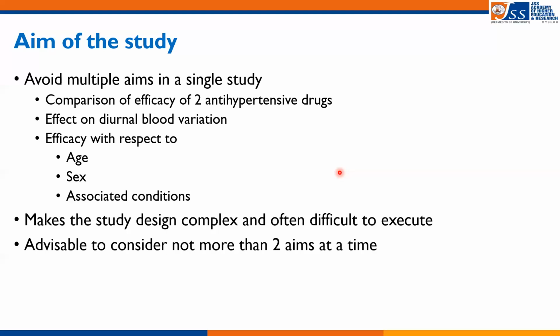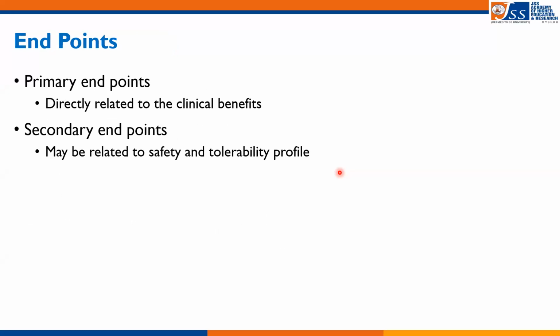That means you need to have a simpler aim with one or two objectives. If you have multiple aims, the study design becomes very complex and it becomes very difficult to execute the protocol. Generally, they will not have more than two aims in a single clinical trial.